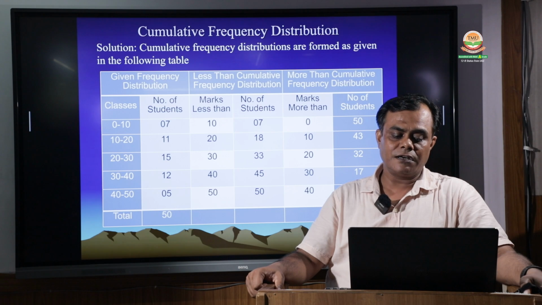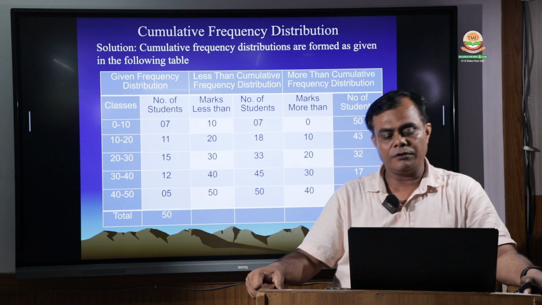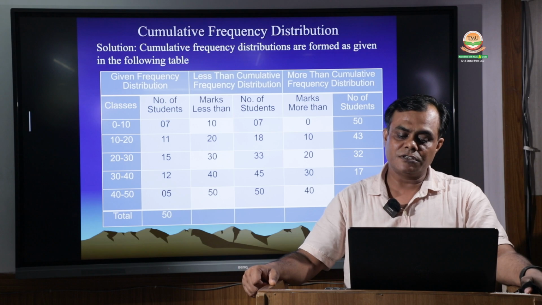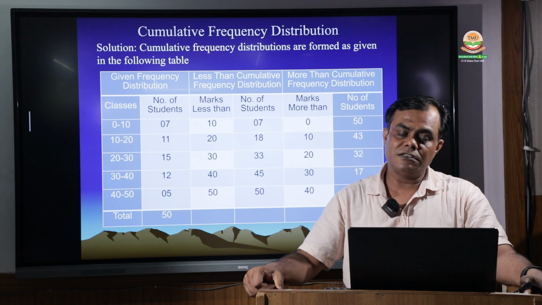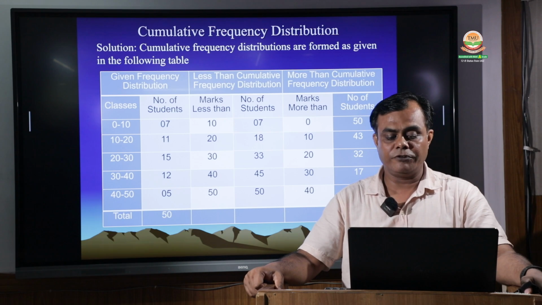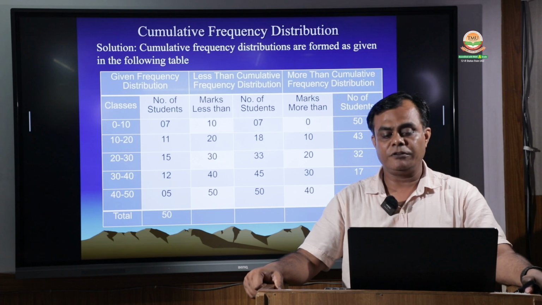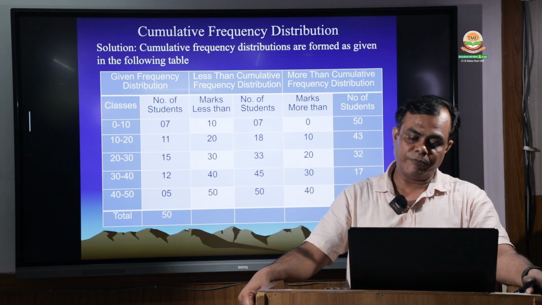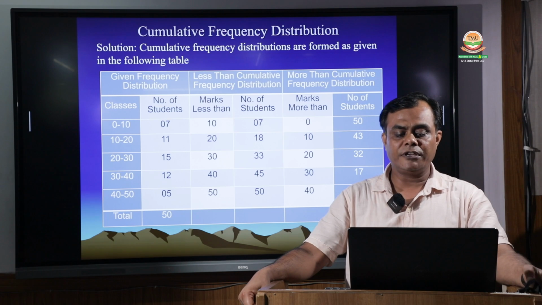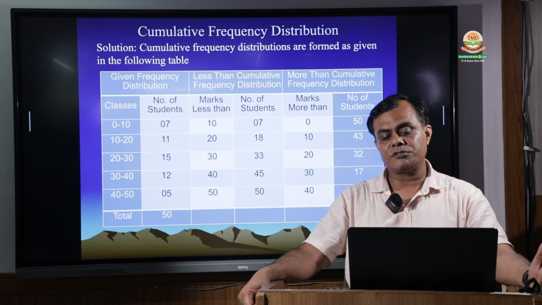Marks less than 30, we are also adding 15, so the cumulative frequency is 33. Marks less than 40, the cumulative frequency is 45, and marks less than 50, the cumulative frequency is 50. So this way we can build a cumulative frequency distribution.